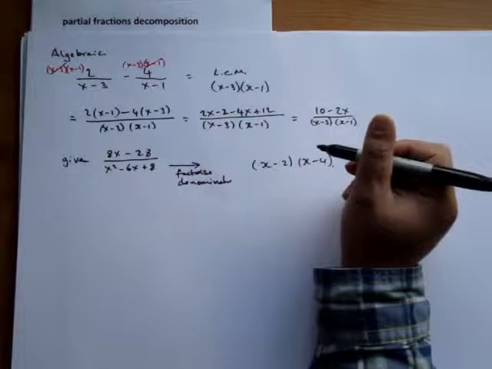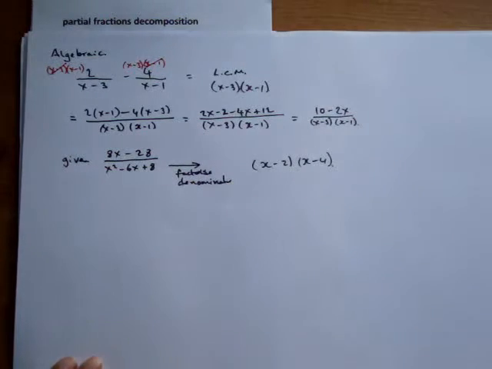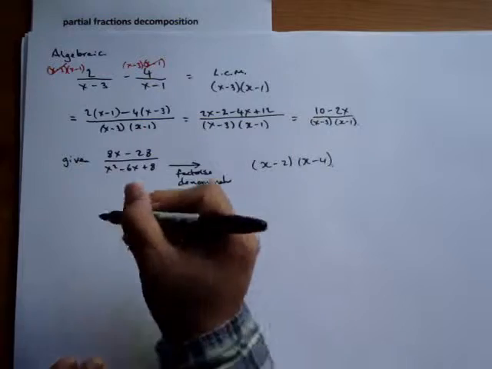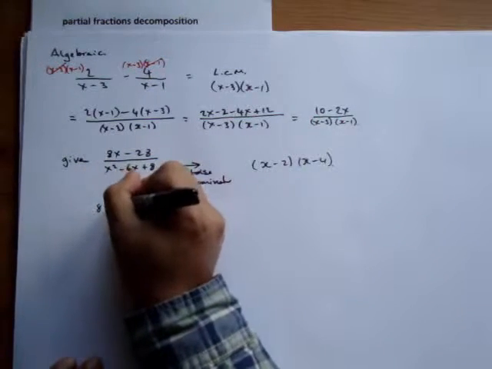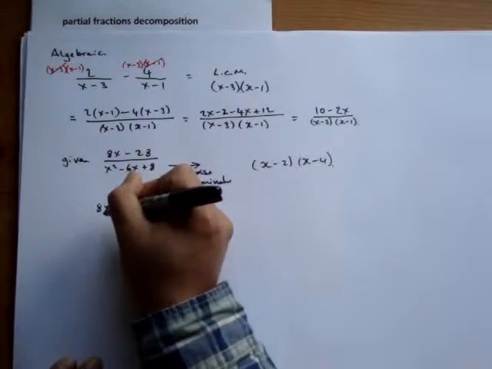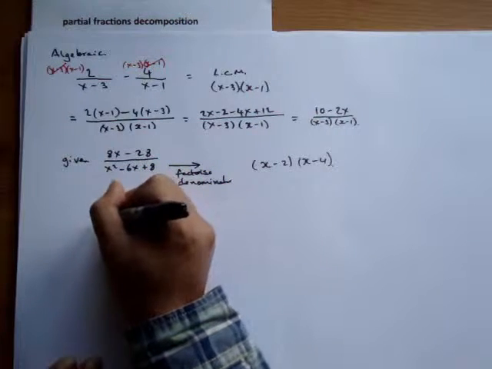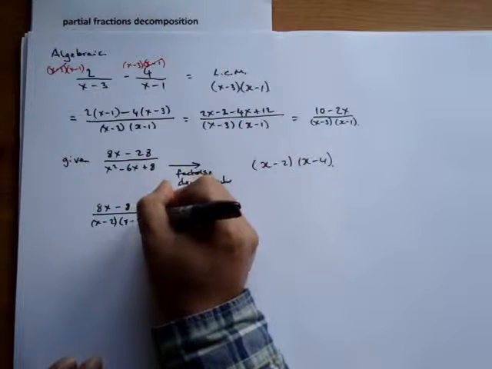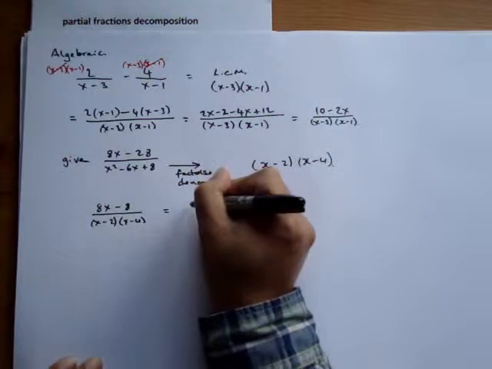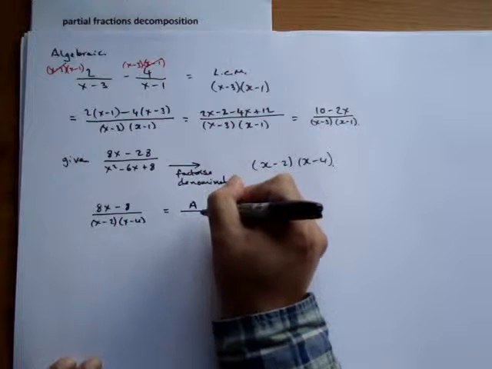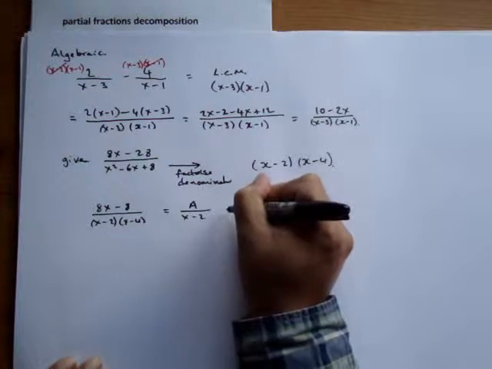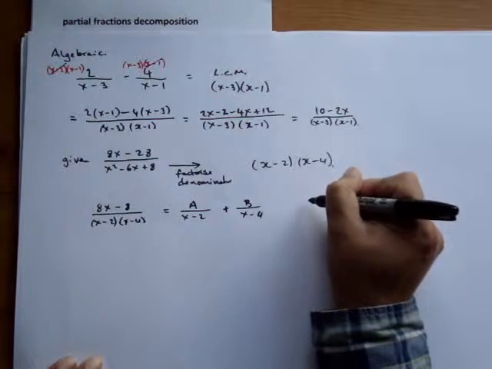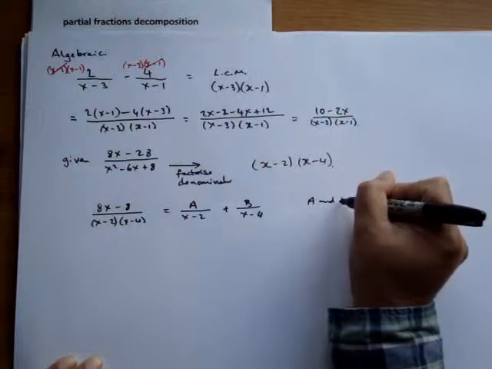Then we assume that each factor gives rise to a single partial fraction. So 8x minus 28 over (x minus 2)(x minus 4) is A over x minus 2 plus B over x minus 4. A and B are constants.